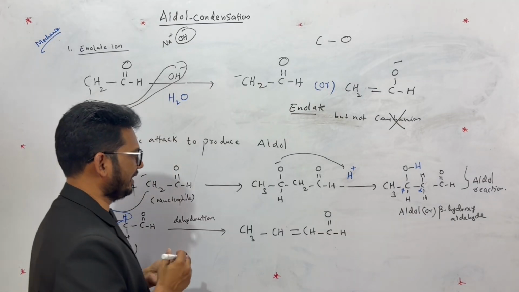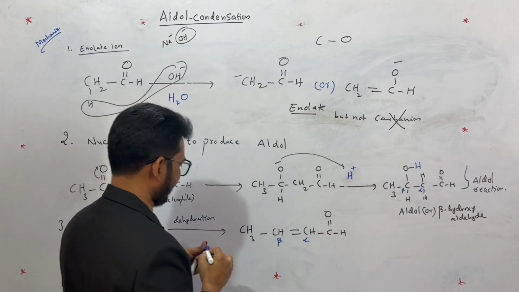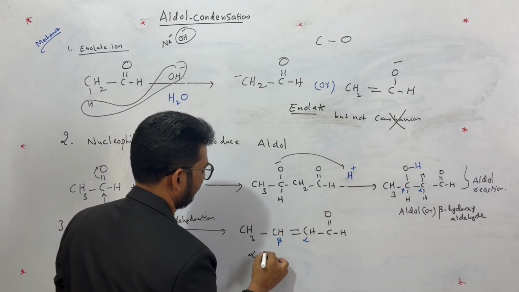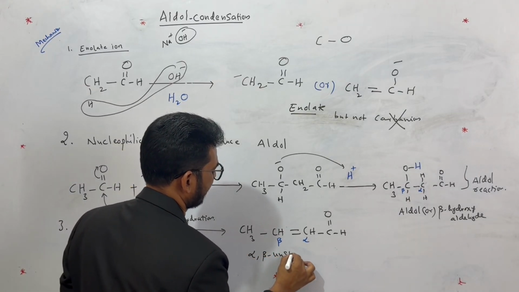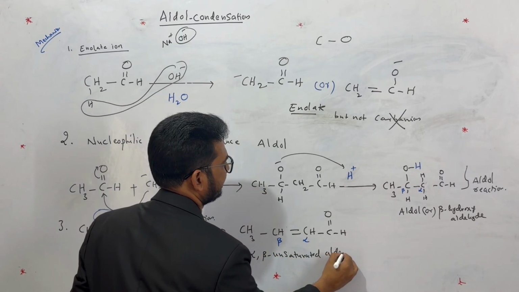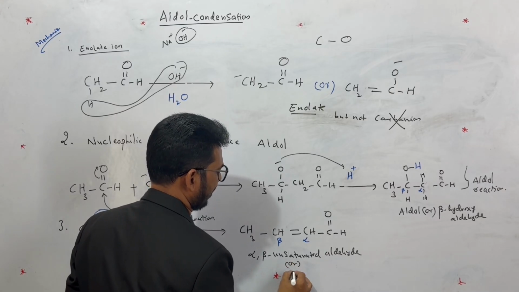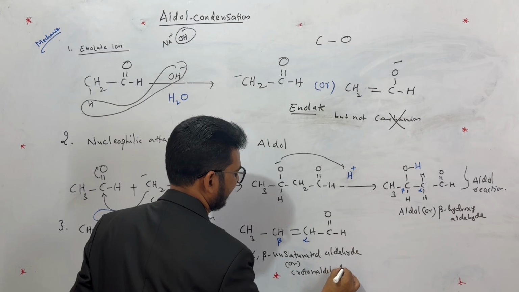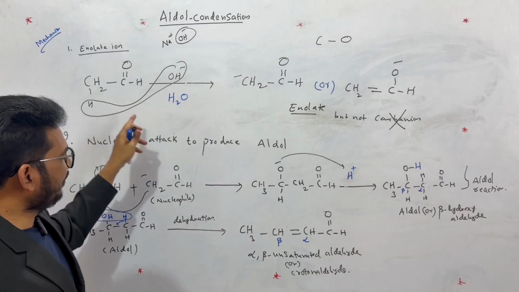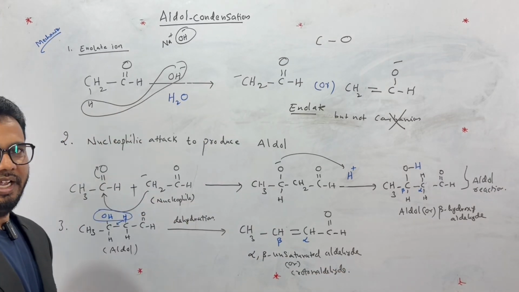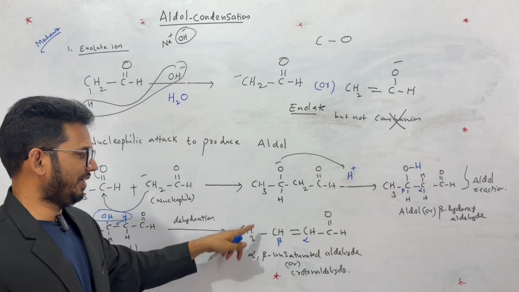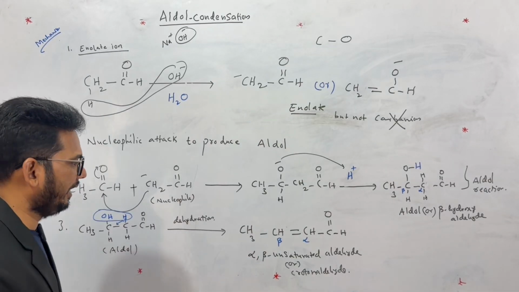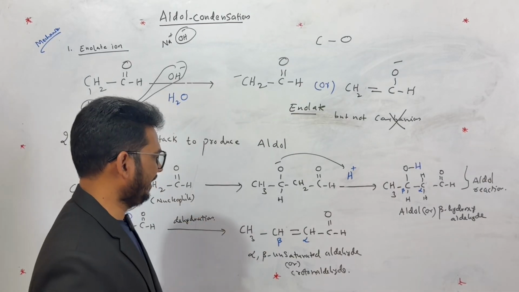This is called an alpha, beta unsaturated aldehyde. It is also called crotonaldehyde. This is very important in applications. From acetaldehyde we produce crotonaldehyde in the industrial process. This is very useful, don't forget, okay.